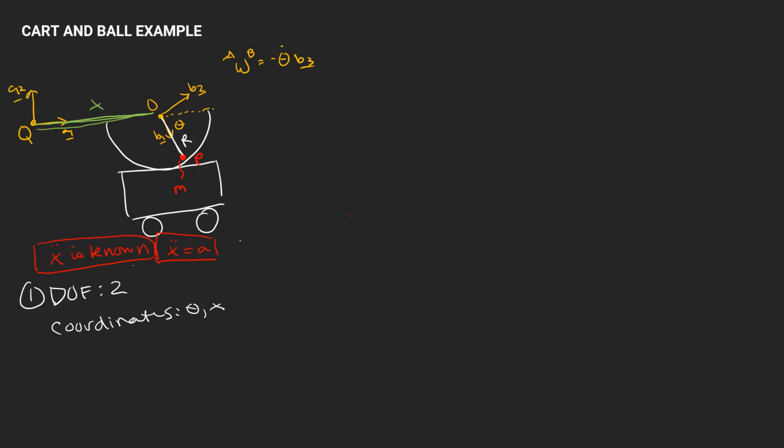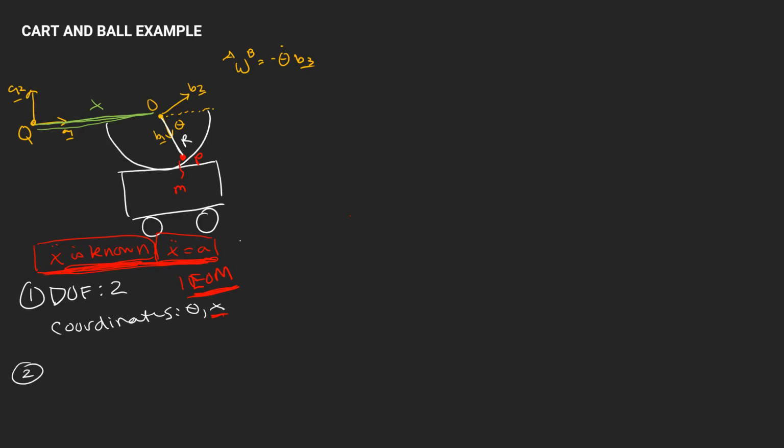But because we know x, or what you'll see is x double dot, we're ultimately only going to need 1 equation of motion. And so that's just to simplify your lives a little bit in this example. And this appears in the homework as well. So like I said, I'll go through this example here, but if the consequence of x double dot being known becomes a source of confusion, just let me know and we'll review that.